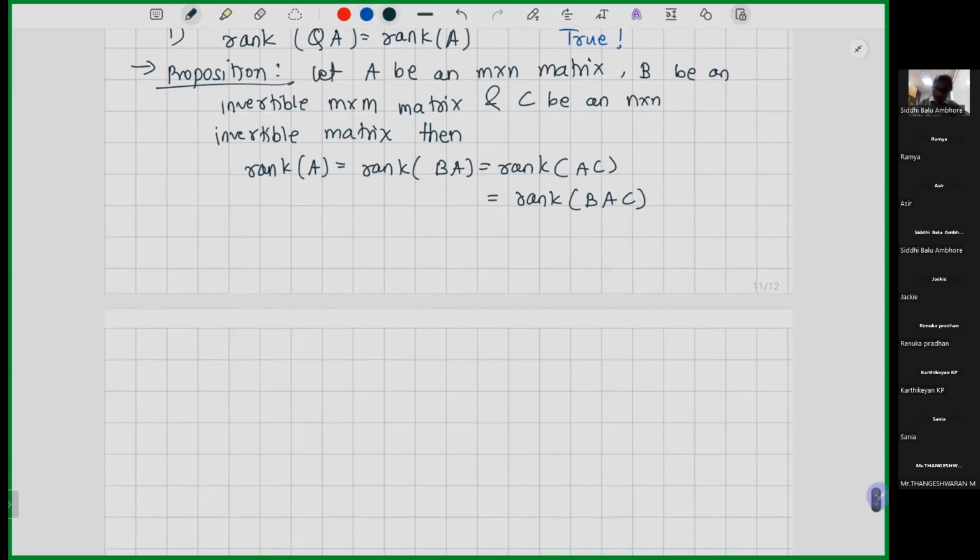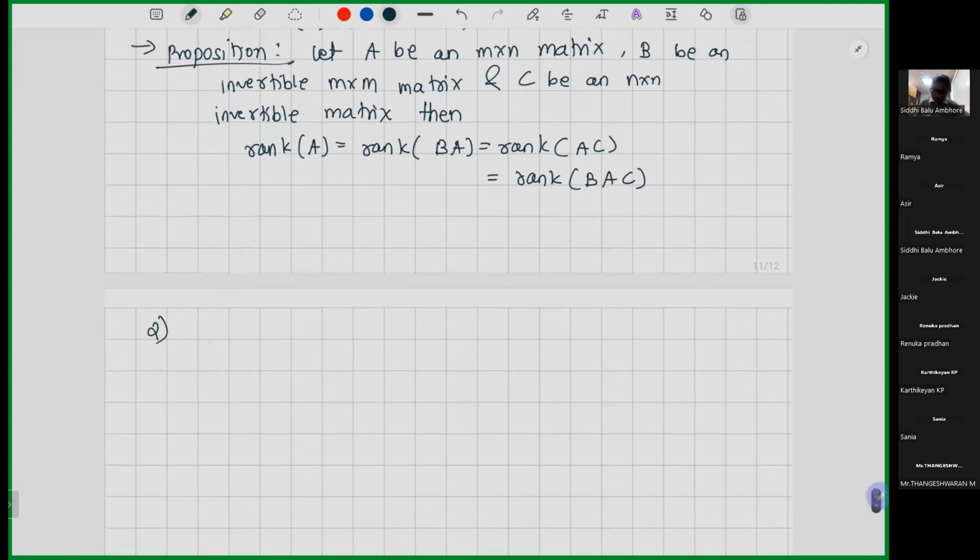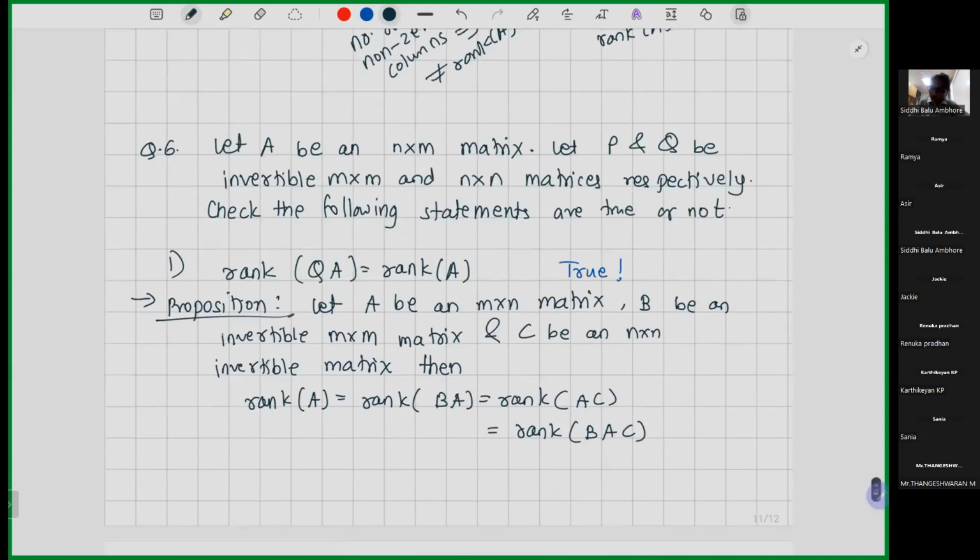Similarly, I will write the second statement, which is saying that rank of PA, oh, it's not QA, it's AQ. A is M cross N and Q is, wait. A is N cross M, so I was correct then, it is QA.